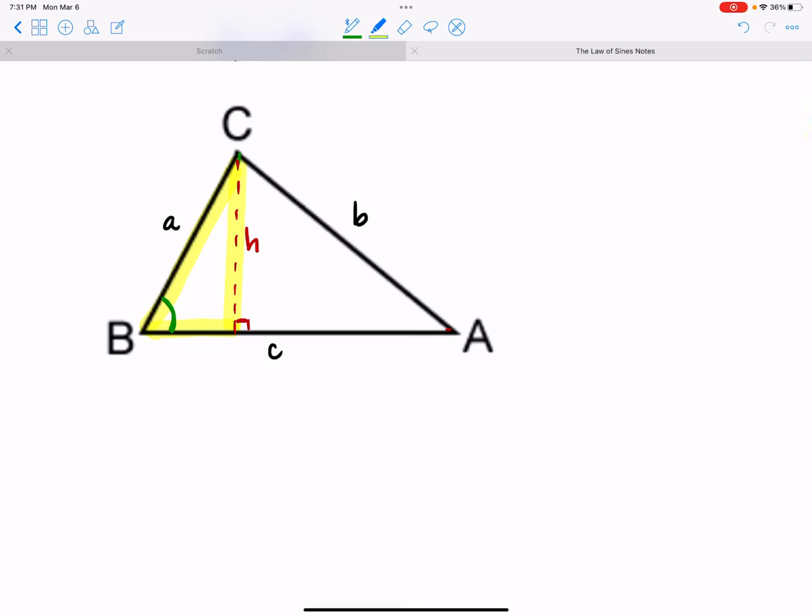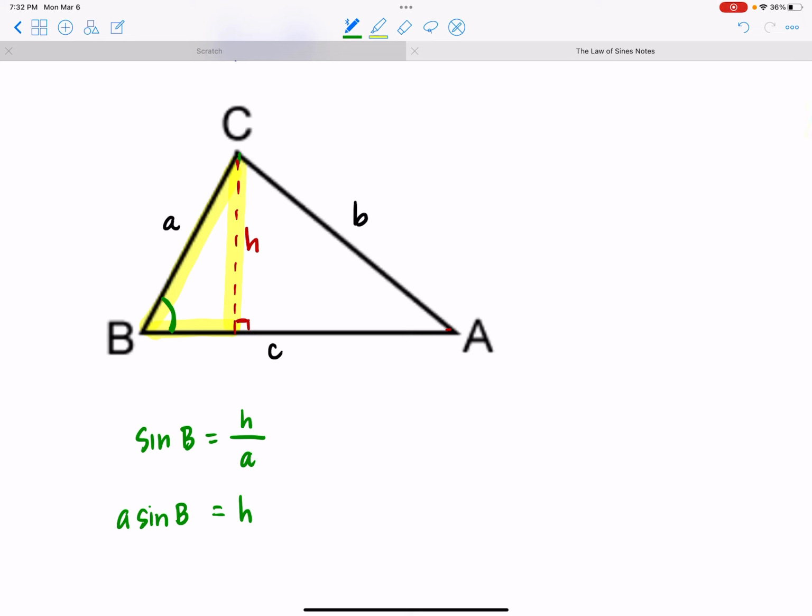I could say that the sine of angle B is going to be equal to a ratio of the opposite side, which is over here, and I called it the height, over the hypotenuse, which I have labeled A, my little side A. So the sine of angle B would be equal to the opposite side, H, over the hypotenuse of that highlighted triangle, which would be A. So H, if I wanted to solve for it, is being divided by A, so I would multiply by A, and H would be A times the sine of angle B.